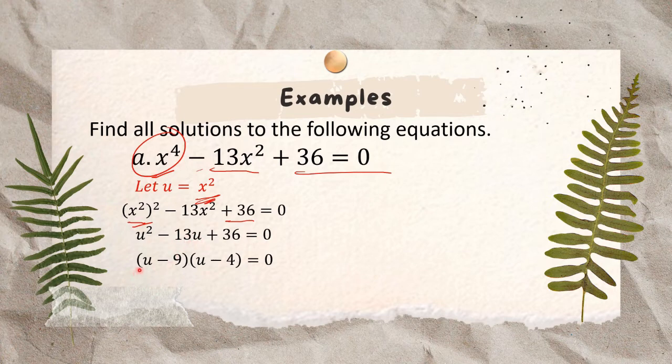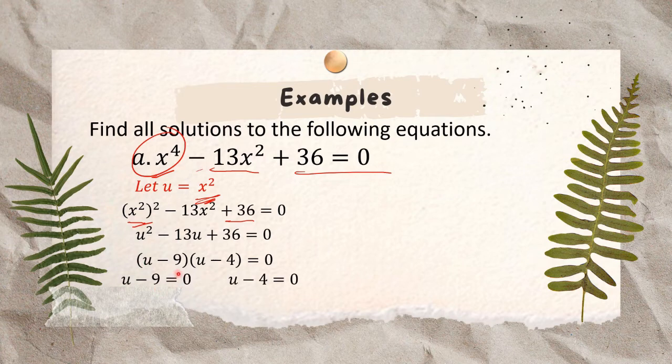And the factors of this are u minus 9 times u minus 4, since negative 9 times negative 4 is positive 36, and if we add negative 9 and negative 4, the sum is negative 13u. Since our coefficient here of u squared is equal to 1, ganun lang po yung ating pag-factor.